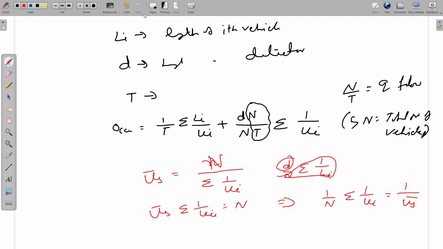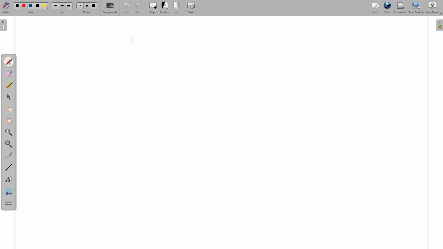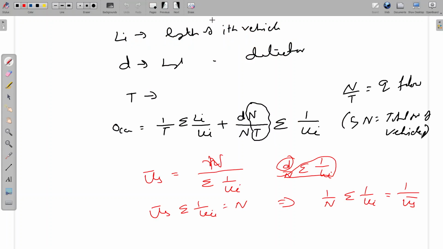So what can we write from here? We can write that occupancy is equal to 1 upon t, as it is I am writing the first term, summation of li divided by ui, plus what I said, n upon t.